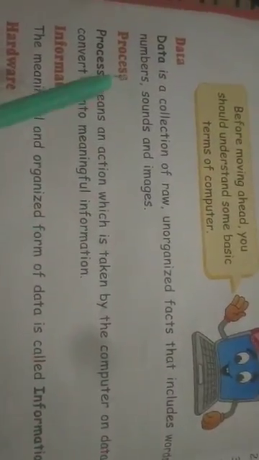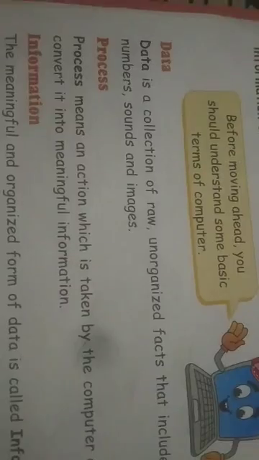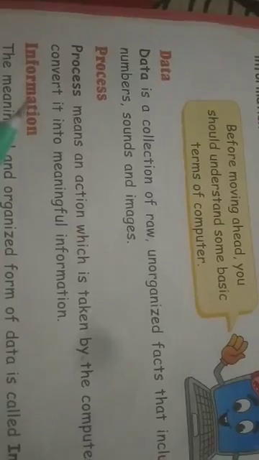So first definition is data. Data means it is a collection of raw, unorganized facts that include words, numbers, sounds and images. Words means any word like Radhika, like help, like hello. Numbers means any number, 1, 2, 3, 4, 5, 100, 101, any number, any sound, any image.